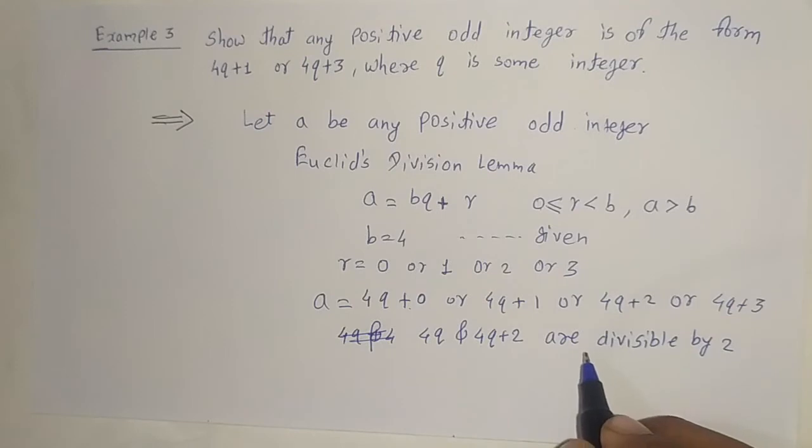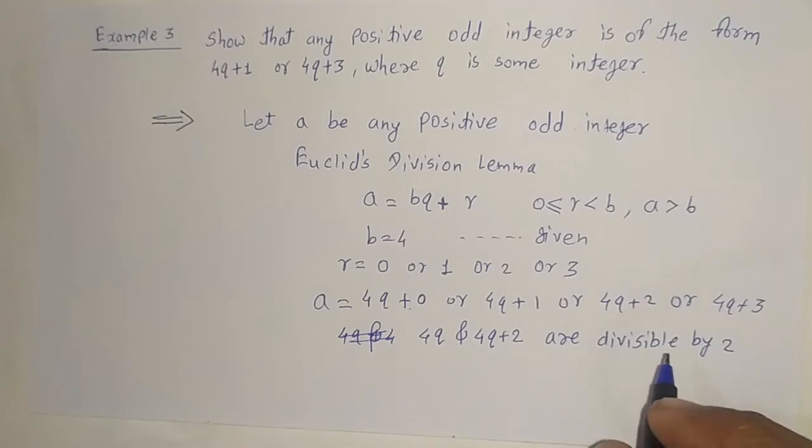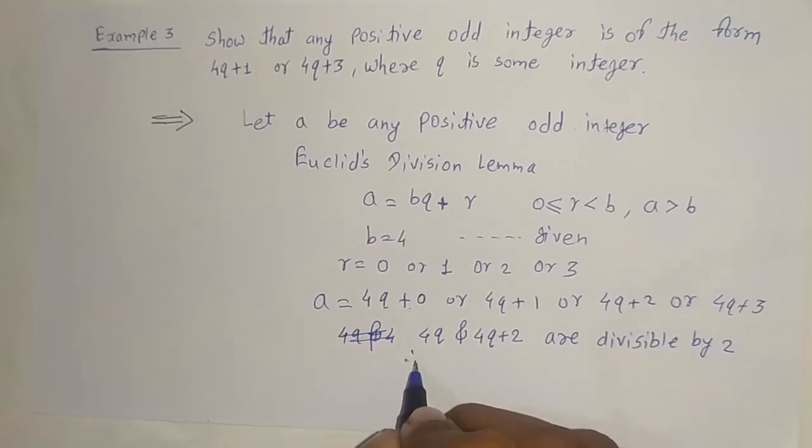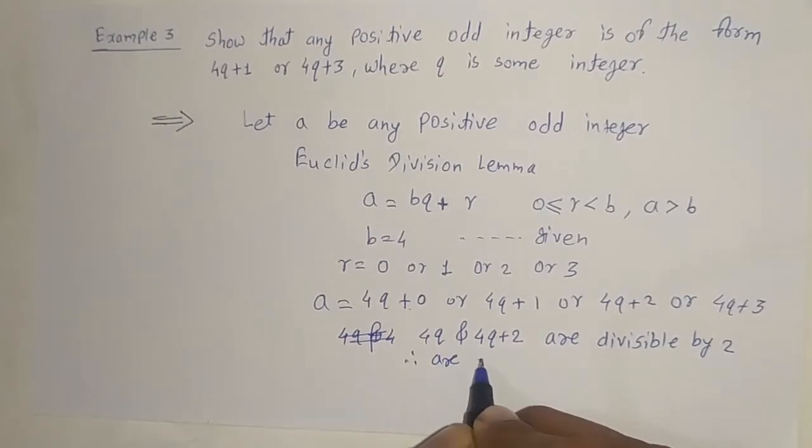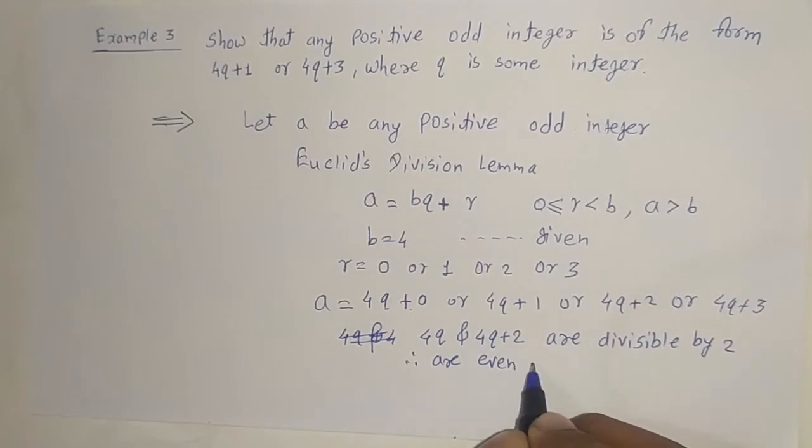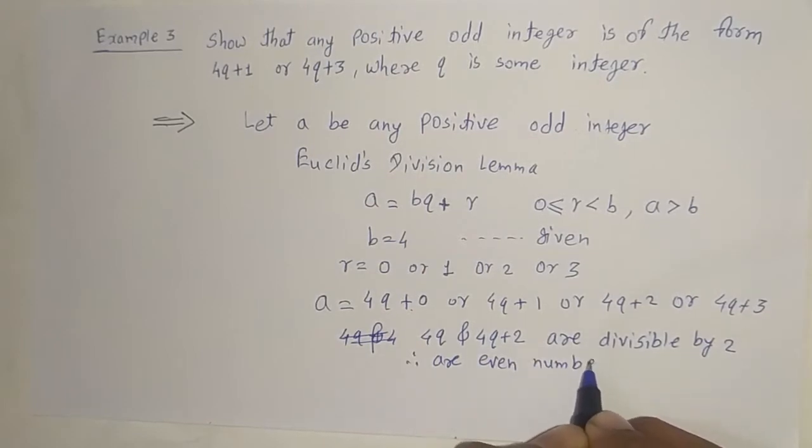What does this mean? Divisible by 2 means it is an even number. Hence these are even numbers.